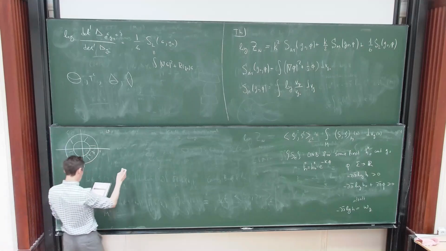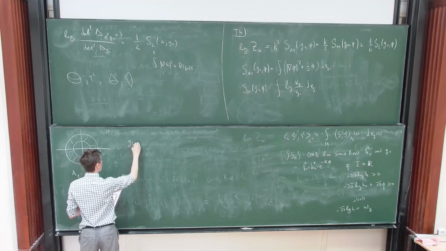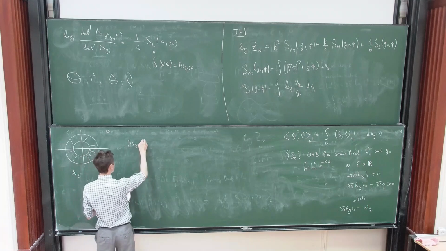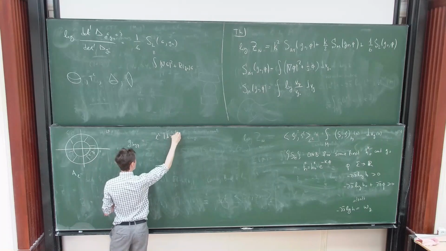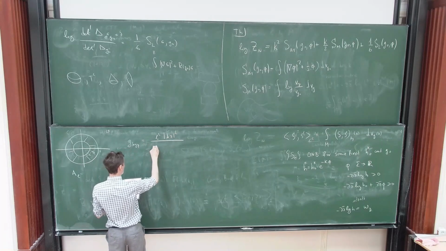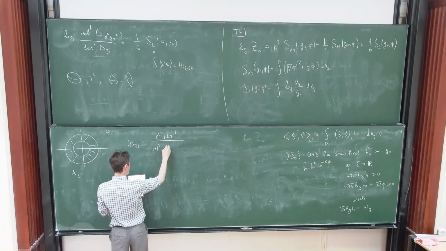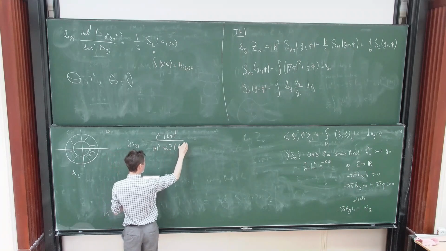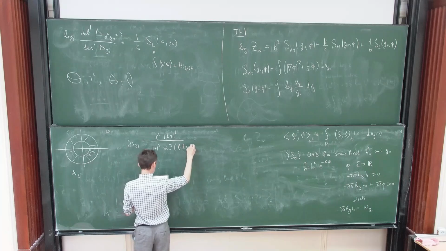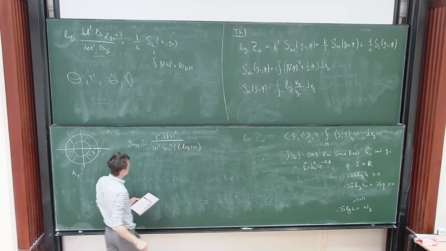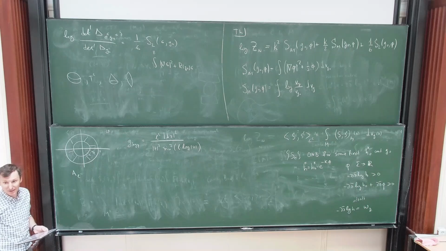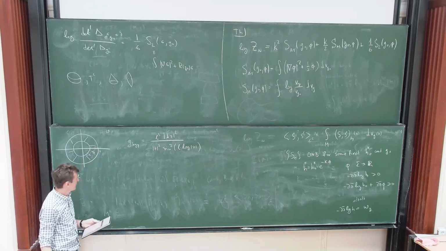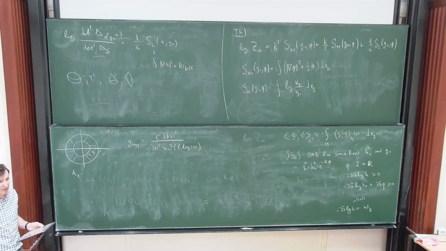And the hyperbolic metric is L squared, times the hyperbolic form. Looks like this. So you can check that this is indeed hyperbolic: d bar log of that equals minus that. This metric has hyperbolic curvature. It's non-compact.